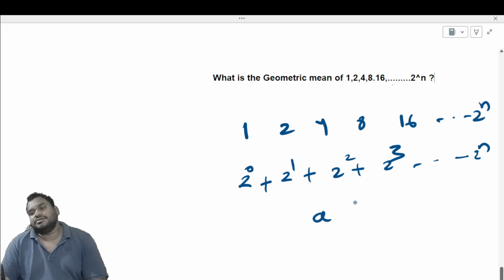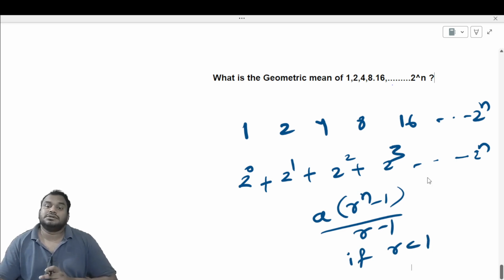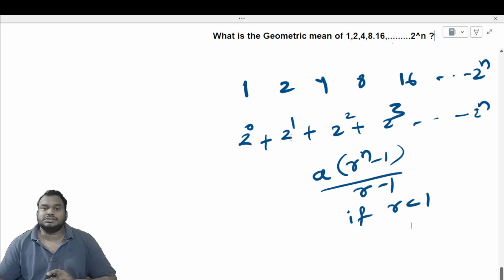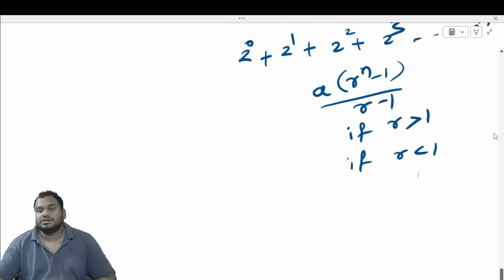There is a formula: a into (r to the power of n minus 1) by (r minus 1). This is if r is greater than 1. Then what is the formula if r is less than 1?